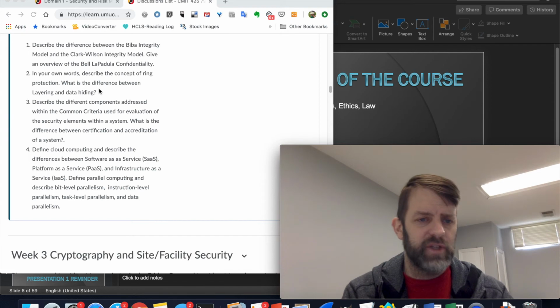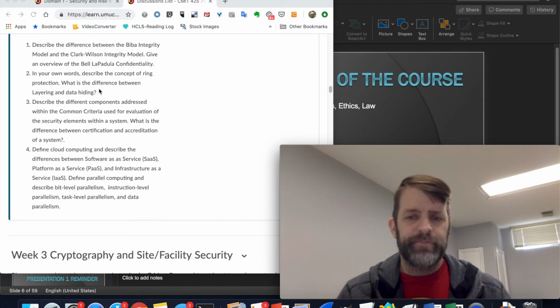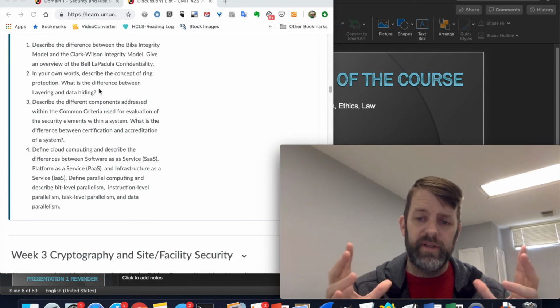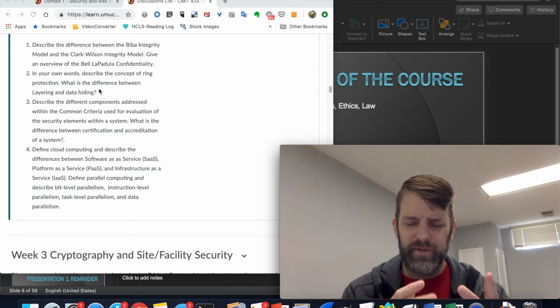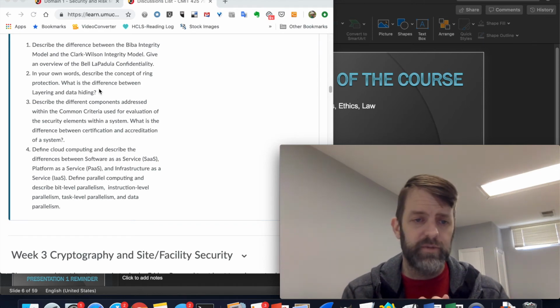So certification and accreditation. In the interest of brevity, I'm not going to talk about components for common criteria, but common criteria is an accepted definition that's used primarily within government. A lot of this stuff impacts government systems more than other systems.